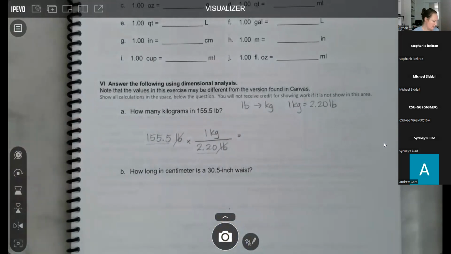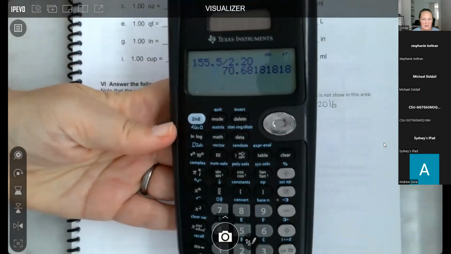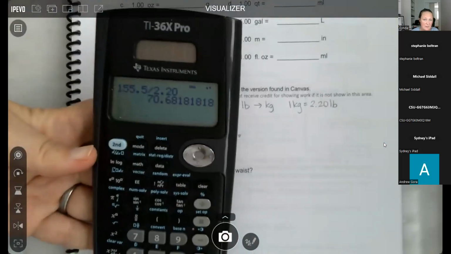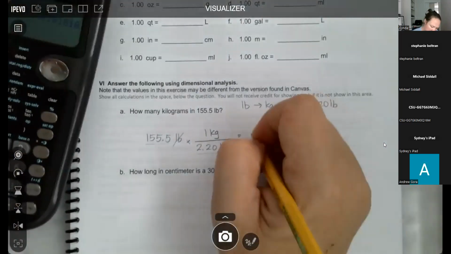So we'll take 155.5 divided by 2.2, which my calculator tells me is 70.681818 repeating, but I can only have 3 sig figs. So 70.7.